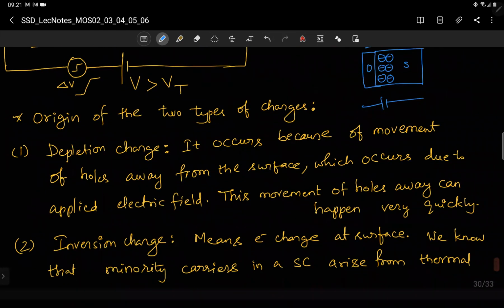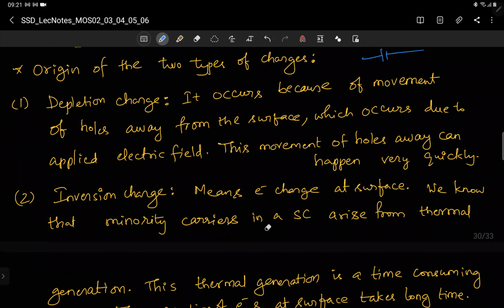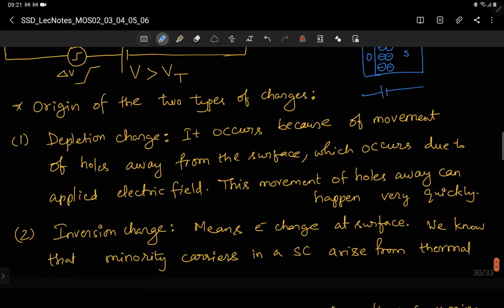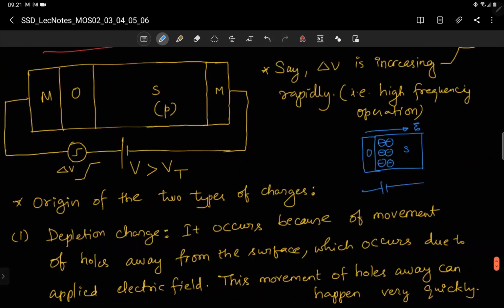Inversion charge, which is the electron charge at the surface. And we know that minority carriers in a semiconductor arise from thermal generation. So here this is a p-type semiconductor, and holes are in majority, so they can easily be supplied and easily be pulled out.